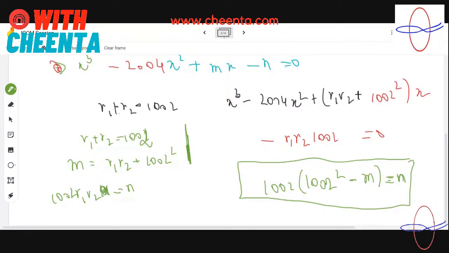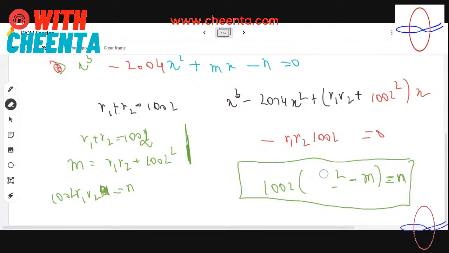Using r1 plus r2 equal to 1002, m must have some conditions, you understand, right? So try to find the condition on m. Can m be equal to 0? No, m must be more than 1002. Is it? Sorry, I made some silly mistake over here.